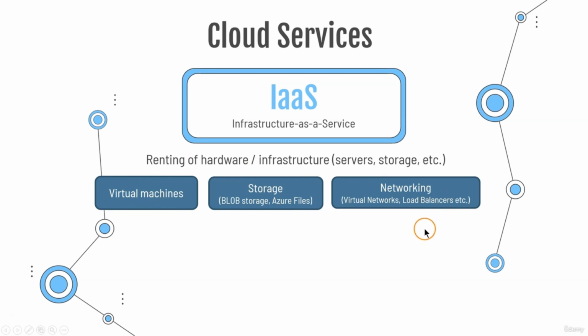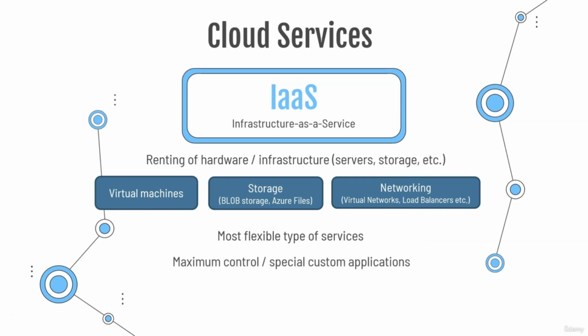With this type of service, we have the most flexibility compared to all of the other types. Because now we have full control, and this is important especially if we have some very specific requirements, for example, custom applications that need a specific operating system.